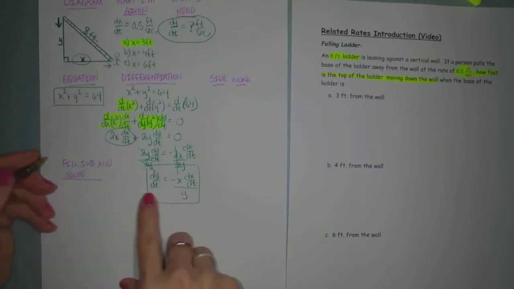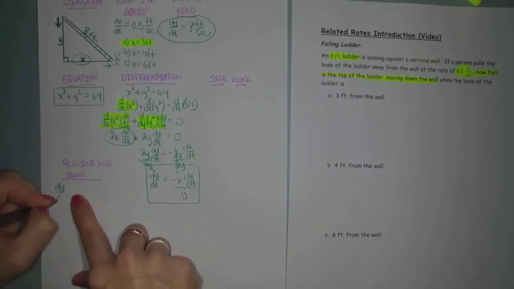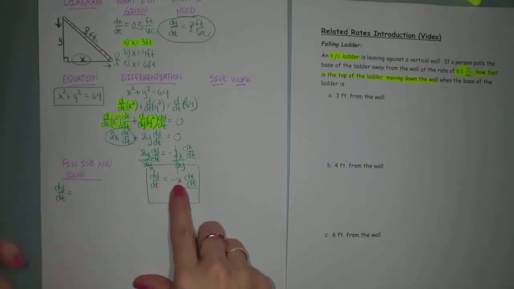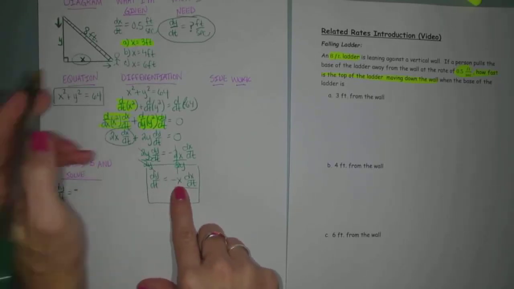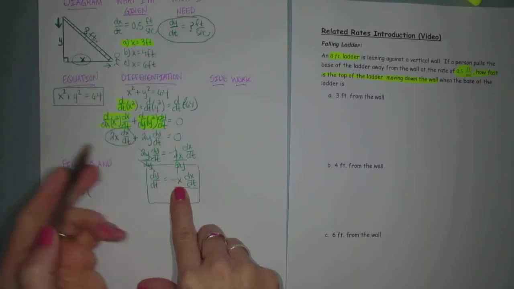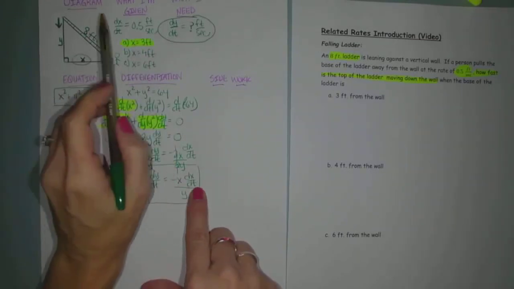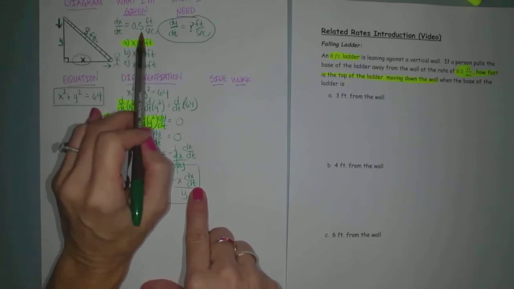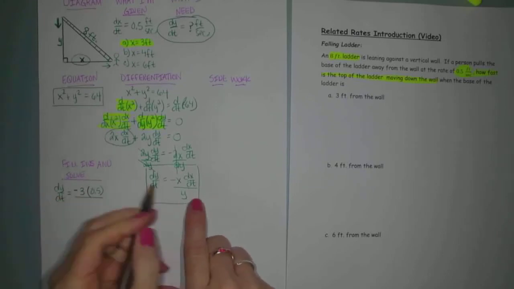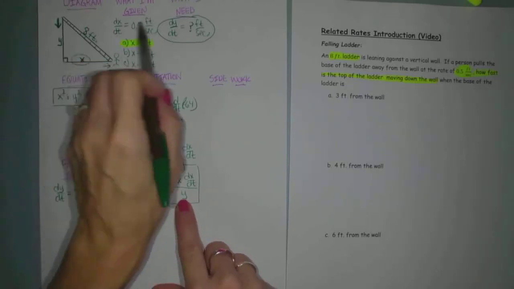So I'm going to say here dy dt equals, okay, negative x. So negative, here it is, 3 times dx dt, which is right here, 0.5, divided by y. Okay, what's y?